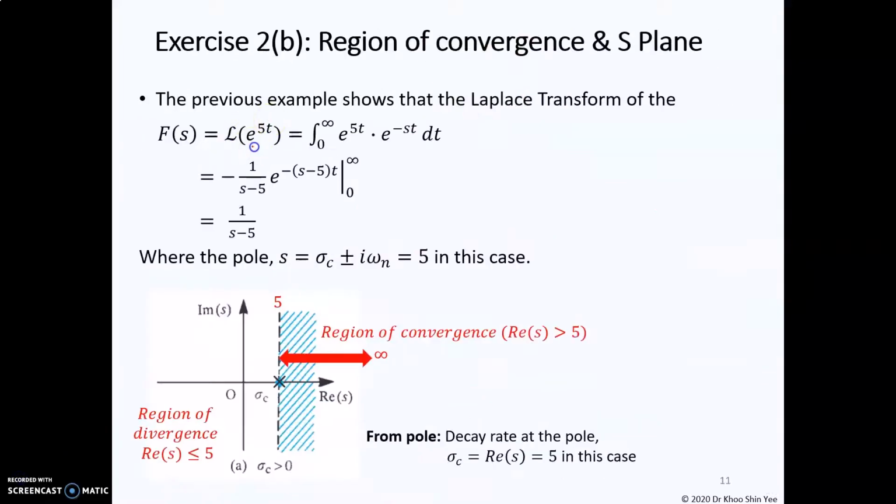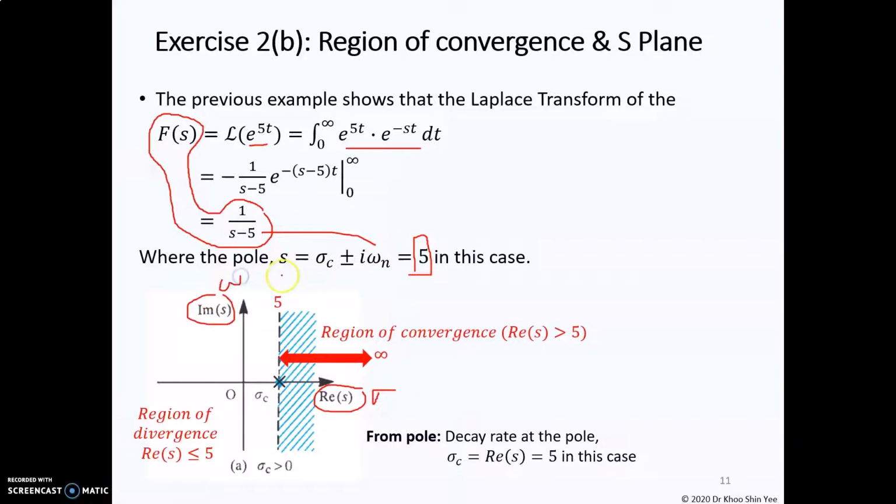In the previous example, we took the Laplace transform for the exponential 5t by using this definition and you get this result, F(s) equal to 1 over s minus 5. And from here you obtain the pole to be 5. So with that, we can plot a graph where your real part is sigma and your imaginary part will be omega based on this definition.